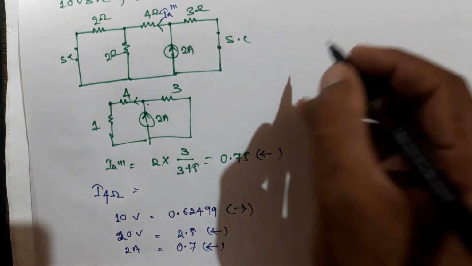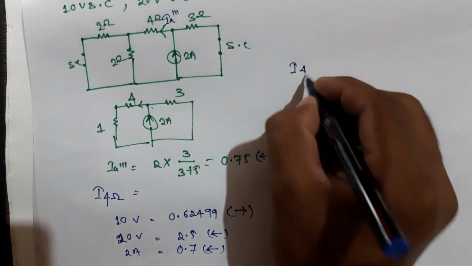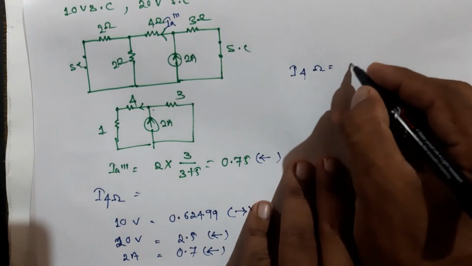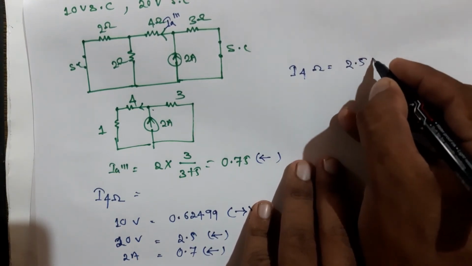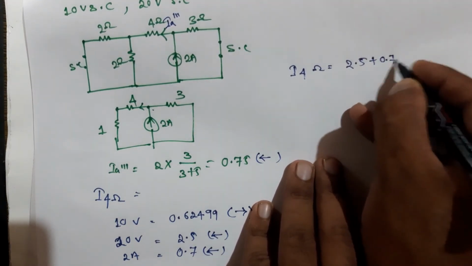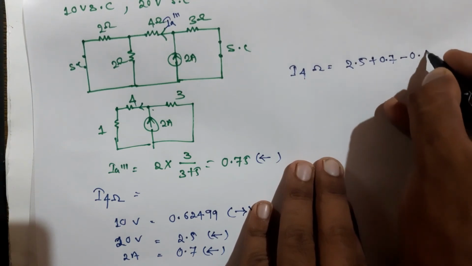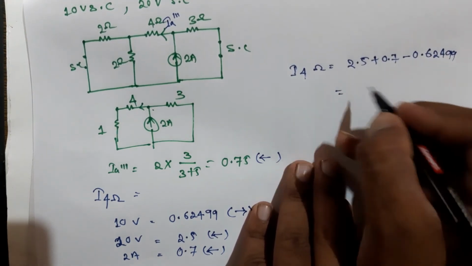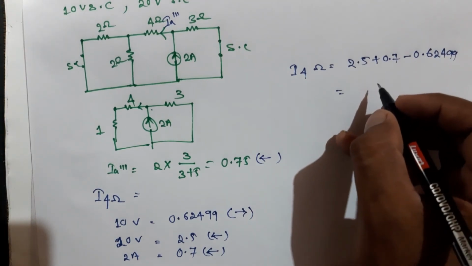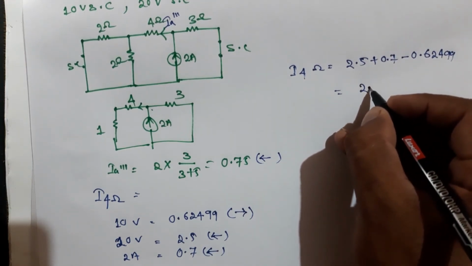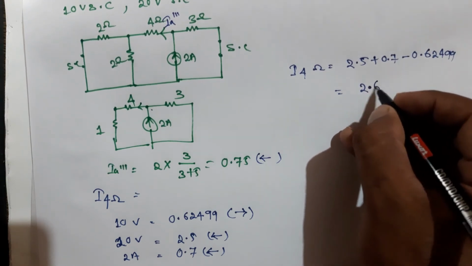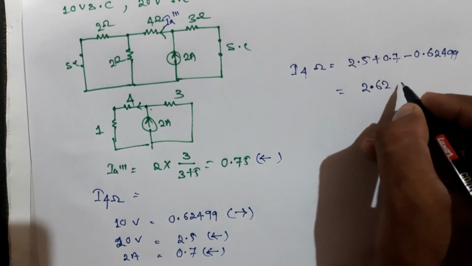So finally, I in the 4 ohm is equal to 2.5 plus 0.75 minus 0.62499, which is equal to 2.62 ampere.